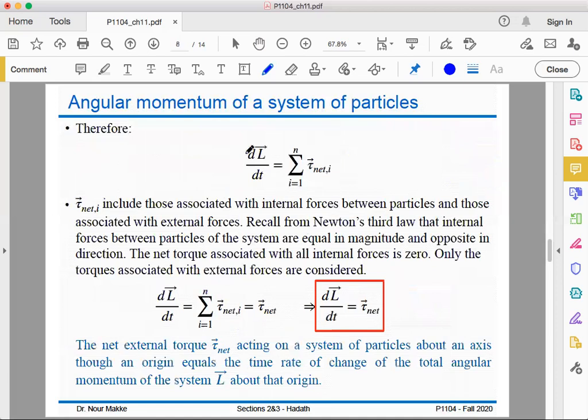And so we can finally write down the derivative of the angular momentum with respect to time. It's given by the summation over i of tau net i.